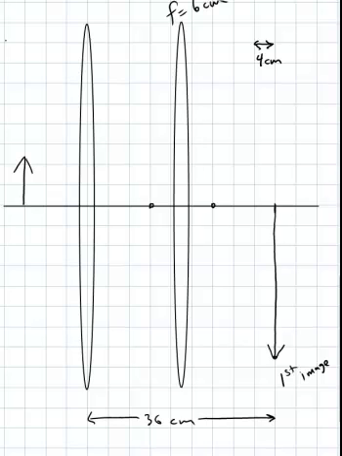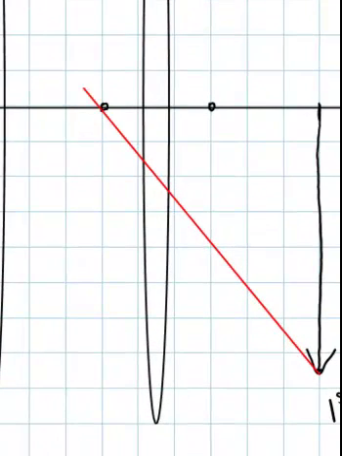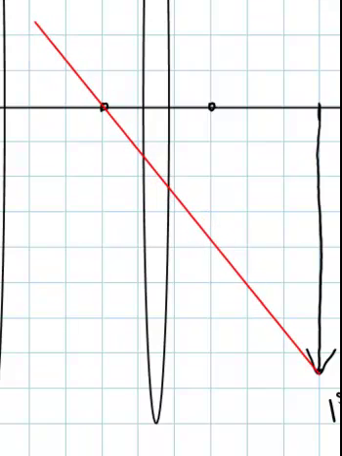So the first one I'm going to pick is the one that ends up at the tip of this arrow, or image, but it would have gotten there if the second lens wasn't there by passing through this focal point right here. So I'm going to draw my line like that. So if the second lens wasn't there, the light would have passed through this focal point and ended up at the tip of our first image.